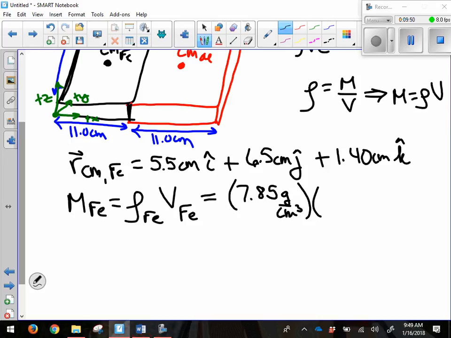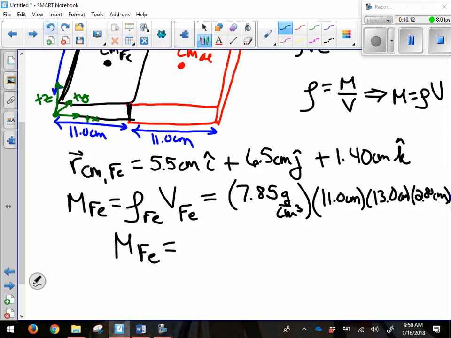And then I'm going to have 11 centimeters times 13.0 centimeters times what? Thank you. 2.80 centimeters. And so what are we going to end up with for the mass of iron?